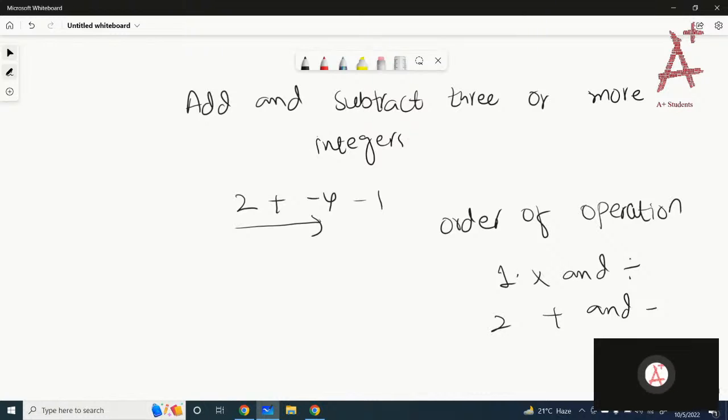So 2 plus negative 4: you have to subtract, and 4 has a negative sign, so the answer must have a negative sign. So 2 minus 4 is negative 2, and negative 2 minus 1 is negative 3. Got it?